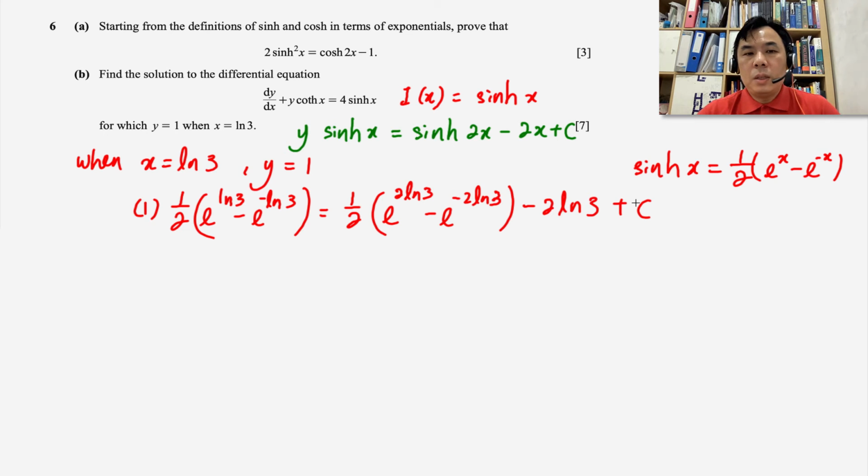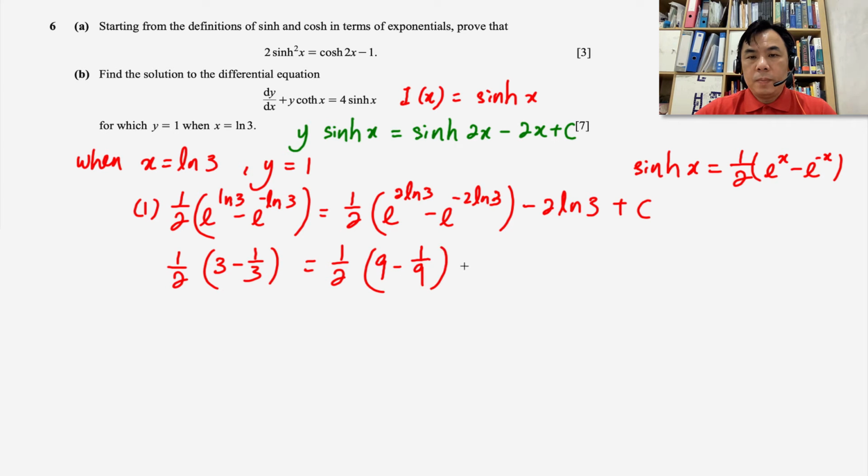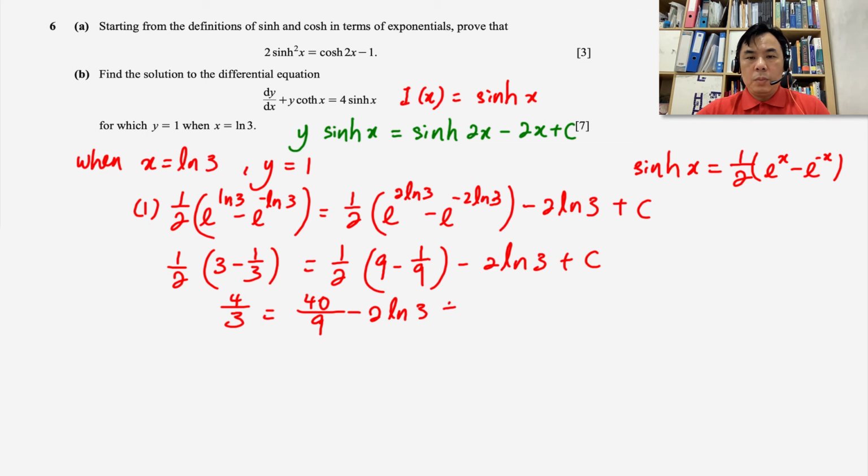So we're going to work out the c. And from here, now if you want, this is basically just 3 minus 1 over 3. This is 1 over 2. Now, I would say that there is a 9 minus 1 over 9 plus c. And then simplifying that, that is 4 over 3. And then this one is 40 over 9 minus 2 ln 3 plus c.